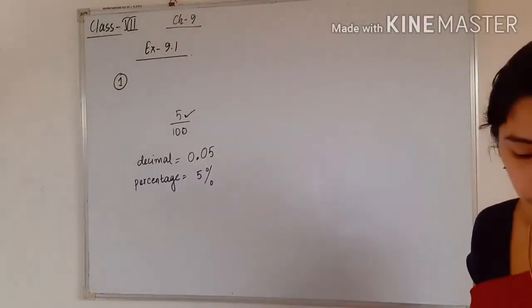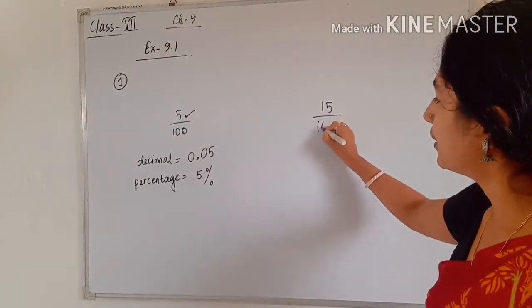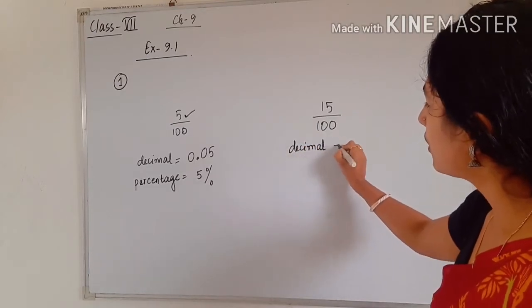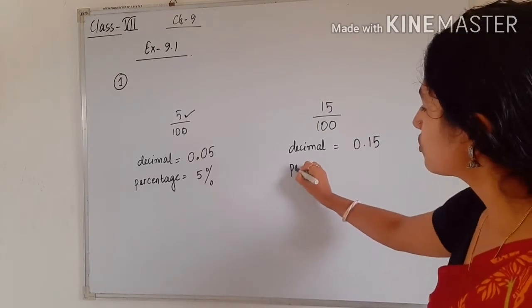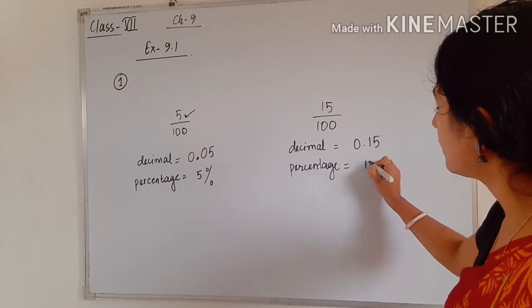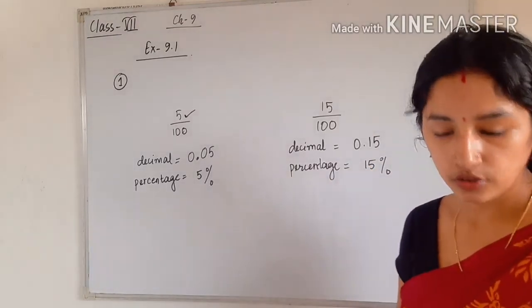Similarly, see the fourth figure, the fraction is written as 15 by 100. In decimal, it will be 0.15. And in terms of percentage, the denominator is already 100, so we can write directly: 15%.